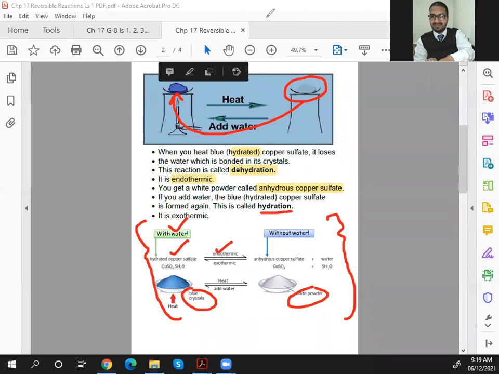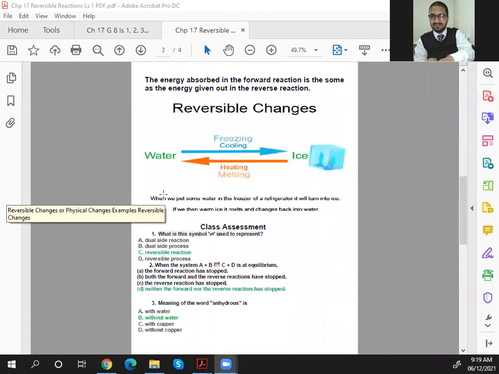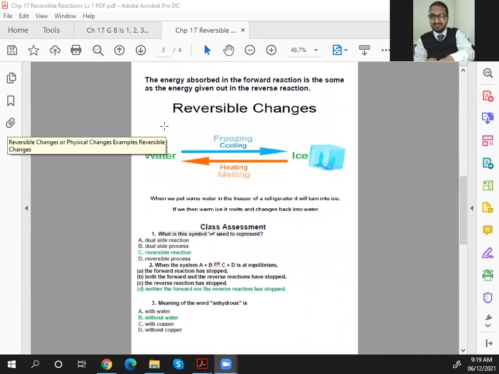Okay, thank you. Now let's go to the next slide. The energy absorbed in the forward reaction is the same as the energy given out in the reverse reaction. This may be the same, not sum, sorry. What does it mean?